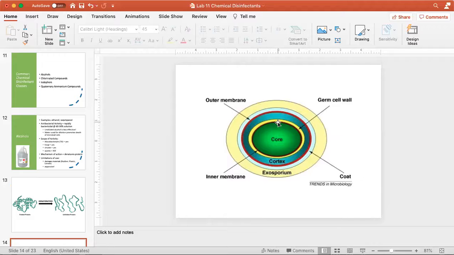And it's surrounded by layer after layer after layer of hard protective materials. And these materials are very resistant to destruction. So that DNA gets protected until we're ready for the cell to come back, until the conditions in the environment get better and the vegetative cell can come back. So alcohols are not going to be effective against spores.